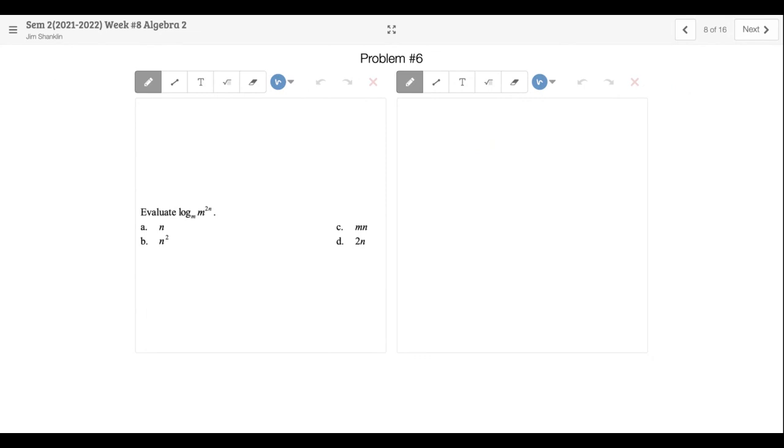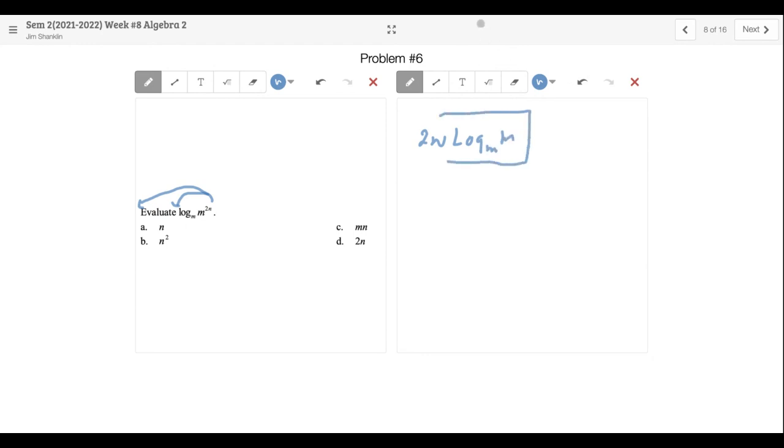All right. In this problem, it says evaluate log base m of m to the 2n. This one would make a lot of sense to take that exponent to the front. If I can take that exponent to the front, and remember that rule, we can bring the exponent to the front, not the front of the evaluate, to the front of the log. So I'm going to rewrite that as 2n log base m of m.